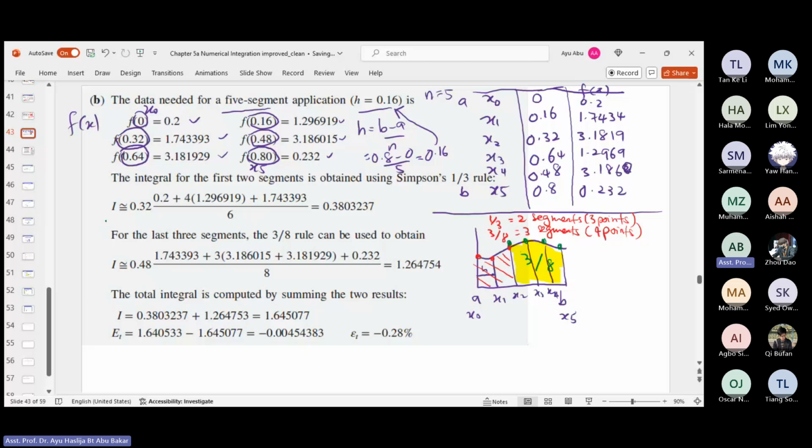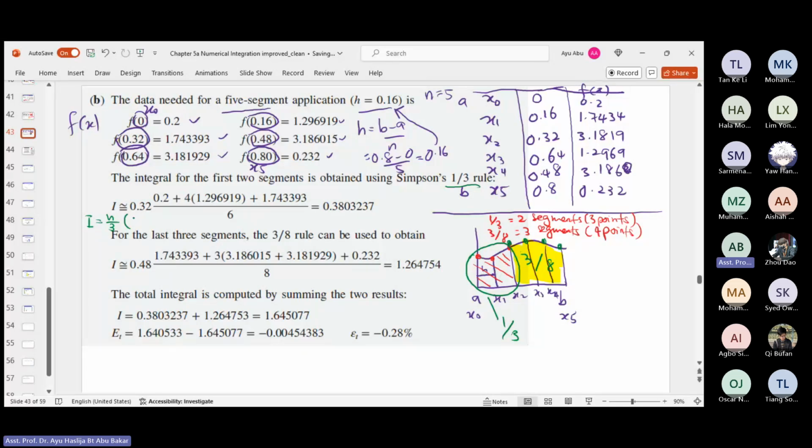In this example, the integral for the first 2 segments is obtained using 1/3. So it used 1/3 for the first 2 segments. This part is 1/3. So it applies the 1/3 rule for the integration equation: h over 3, single application because we only use it once for a minimum of 2 segments.